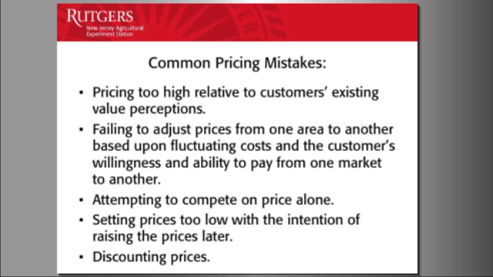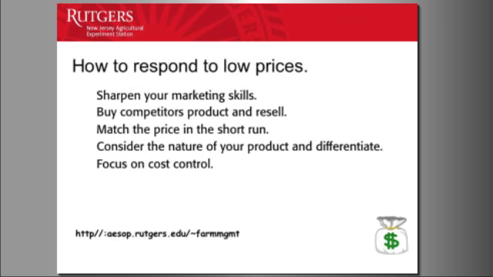Like you said, that's going to lose for everybody. Selling prices too low with the intention of raising them. What happens? It's really hard to raise it once you've got that expectation set. Or discounting prices so low that what's going to happen? They're going to hang around and wait for you to discount the prices the next time.